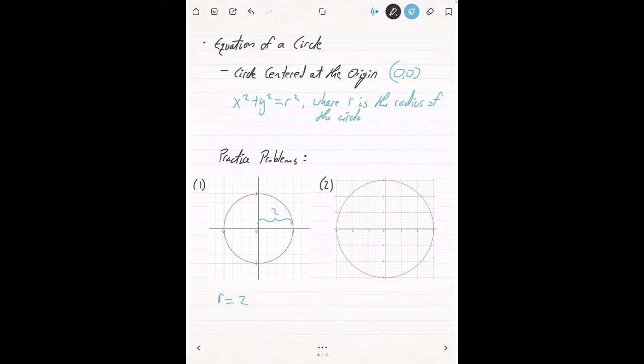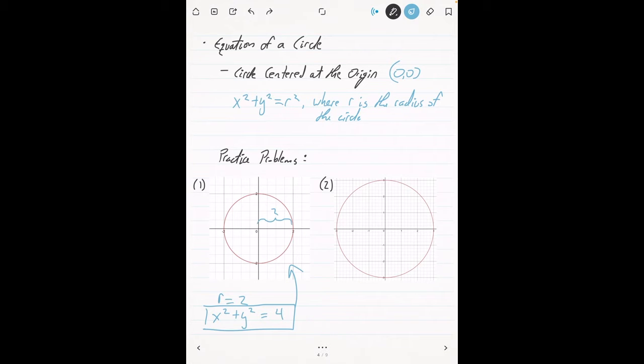So if I had to write the equation for a circle, I would say, well, it's x squared plus y squared, and that will be equal to the radius 2 squared. Well, I know what 2 squared is. That's 4. So this right here is the equation for that circle. That's the algebraic equation that would give me this graph right here. All that we did was just plug in what the radius is and square that value.